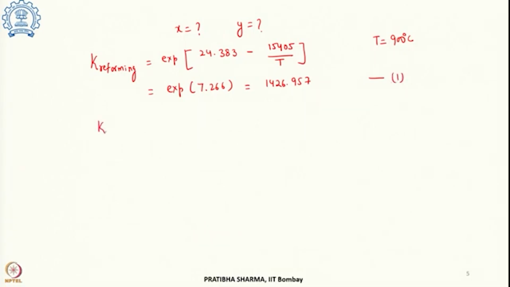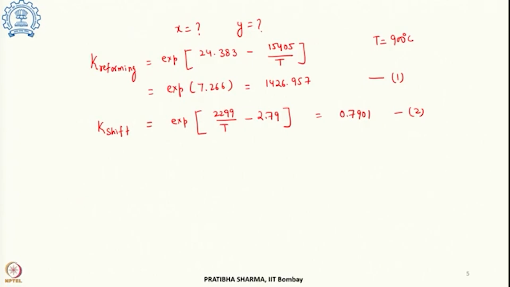Similarly we can get the equilibrium constant for the shift reaction. Provided from the correlation, the value for shift is exponential of 2299 divided by temperature minus 2.79. When we substitute again temperature equal to 900 degree, we get that value as 0.7901.